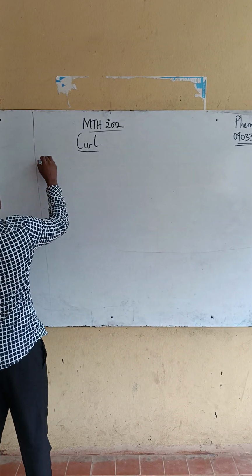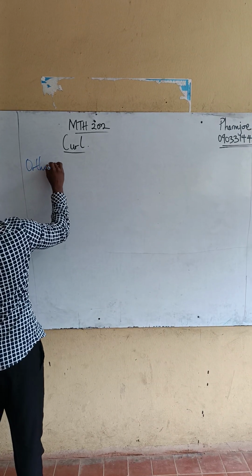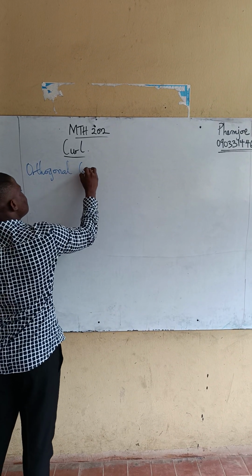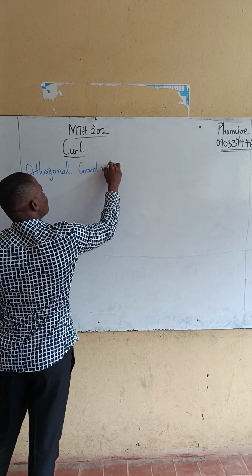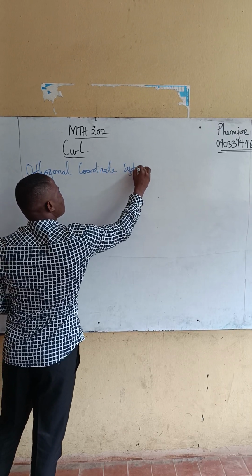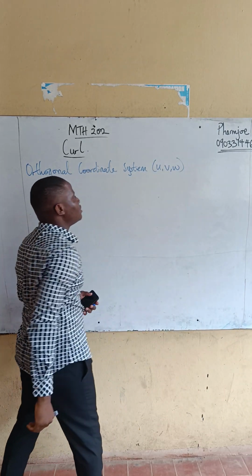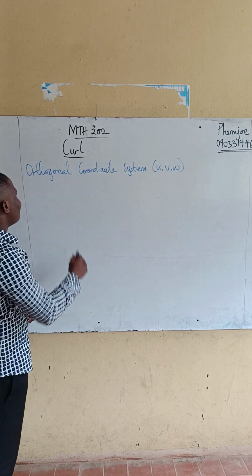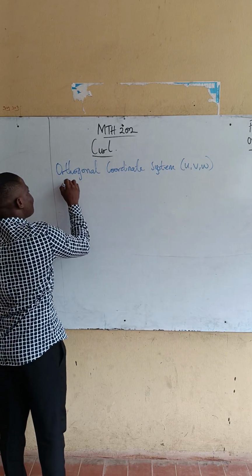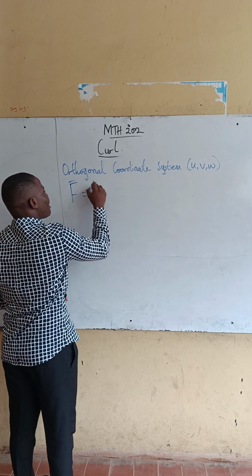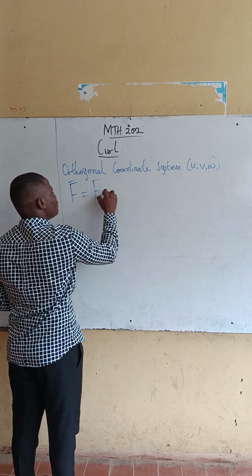So in an orthogonal coordinate system, let's say we have u, v, w, an arbitrary orthogonal coordinate system. If I want to assume a particular vector field F, then I should have Fu eu.